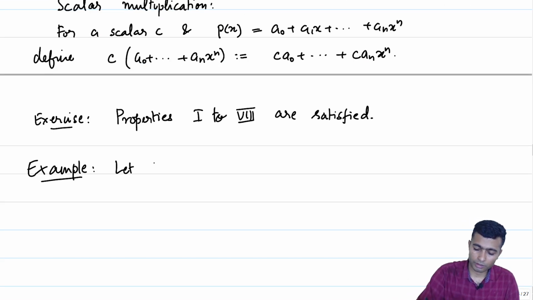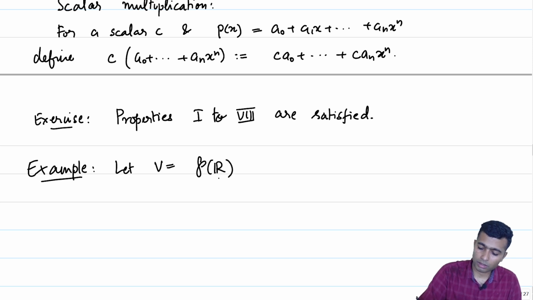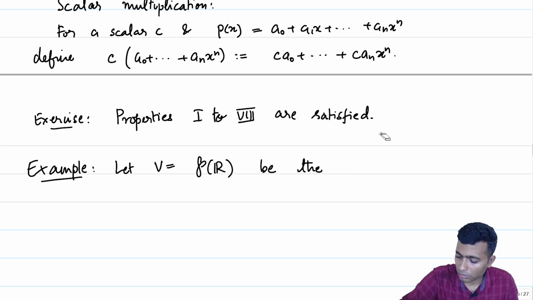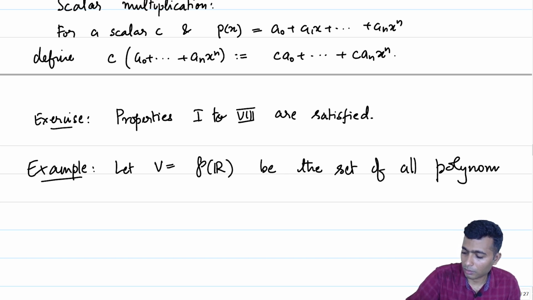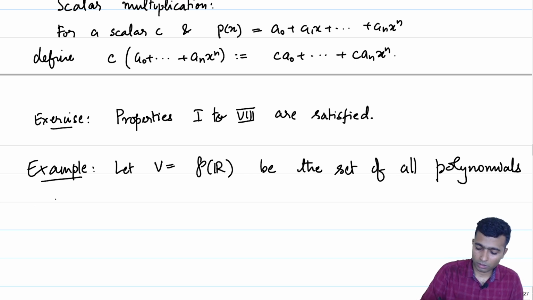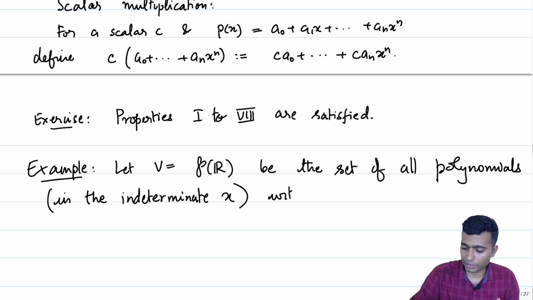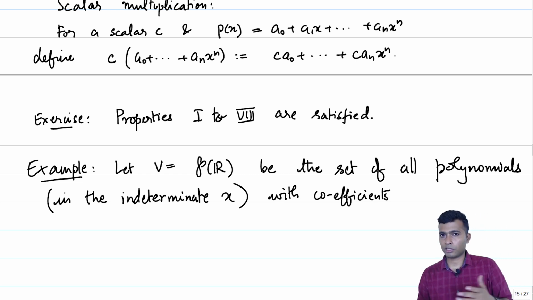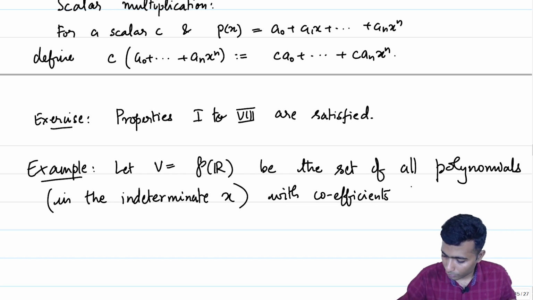So, let V equal to P of R be the set of all polynomials in the indeterminate x with coefficients in real numbers. The previous one also was the set of all polynomials of degree less than or equal to n with coefficients in R.